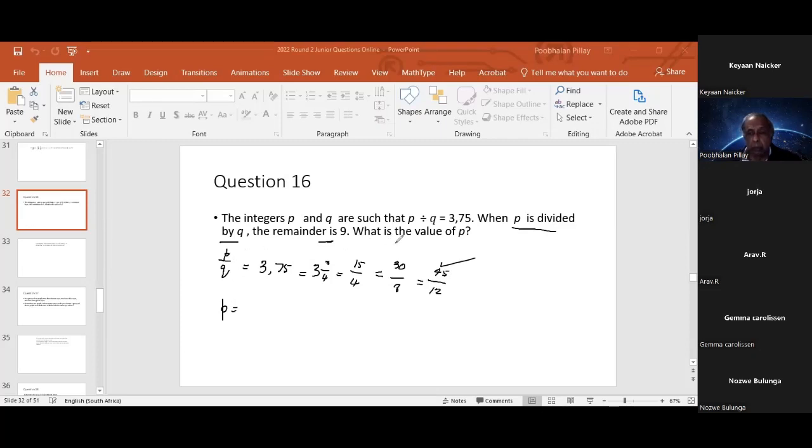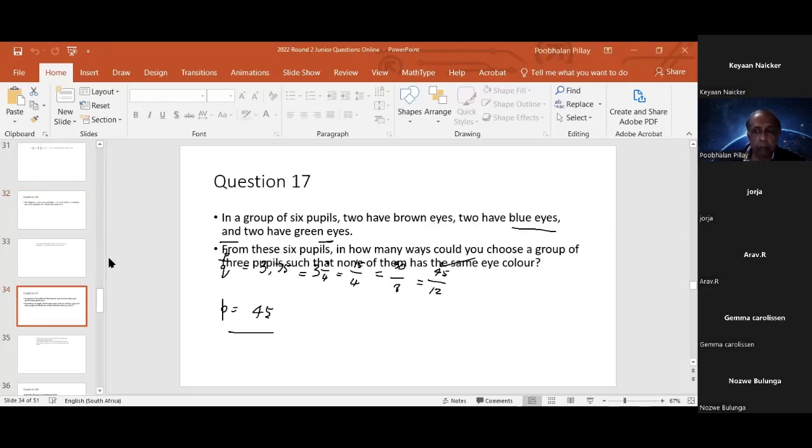P is just the numerator in this problem, P over Q. So it must be 45. Okay, so that's the answer to question 16. Answer to question 16 is 45.